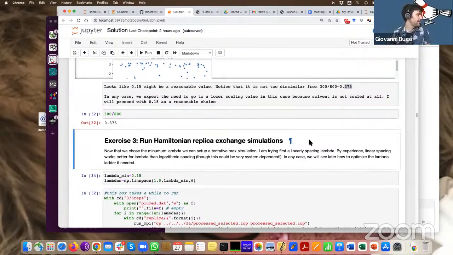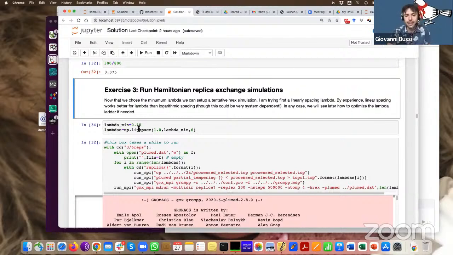Okay, so next point, exercise number 3 was running Hamiltonian replica exchange simulations. Now I decided to use this minimum value 0.15. I empirically use the linear spacing. That's what I did in many real applications. So I thought to do it here, but then in the next exercise, we will see how to optimize the ladder.